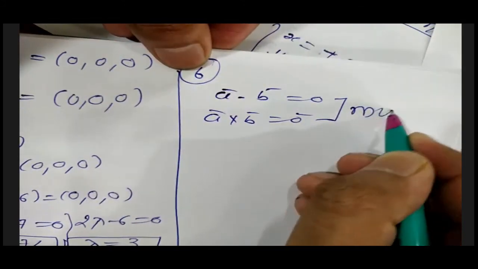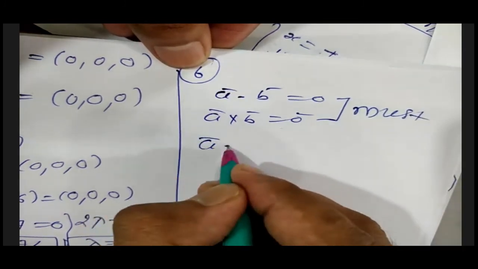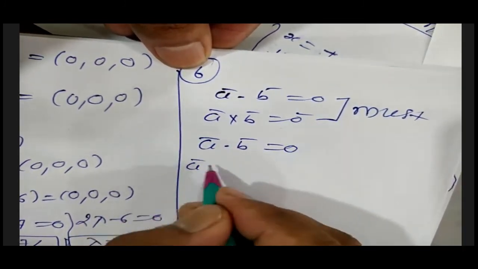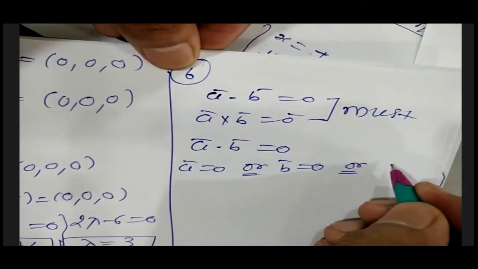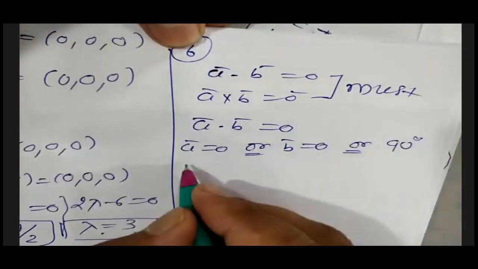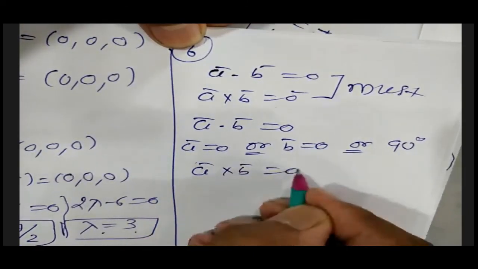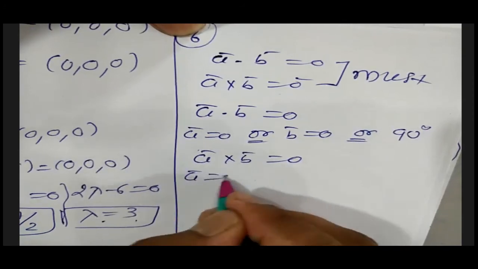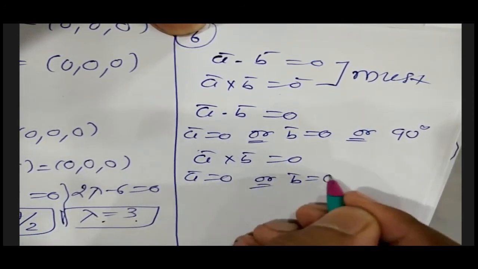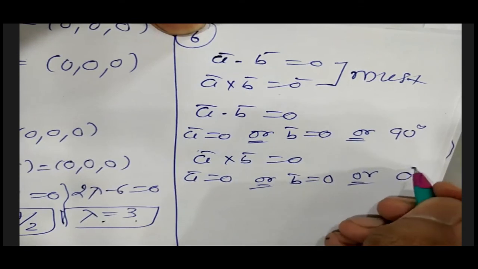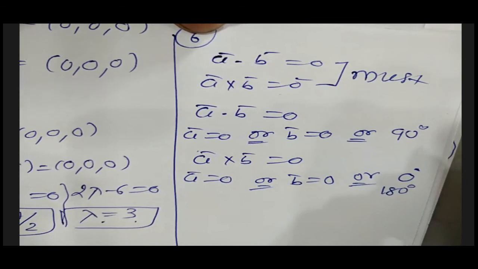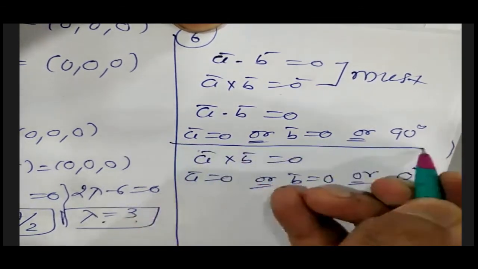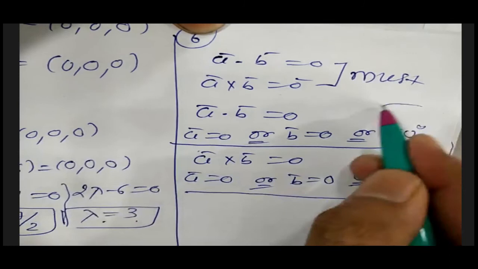Now see, both must hold. First, dot equal to 0 means a bar is 0, or b bar is 0, or the angle between them is 90. Cross product 0 means a bar is 0, or b bar is 0, or the angle between them is 0, and 180 is also included.